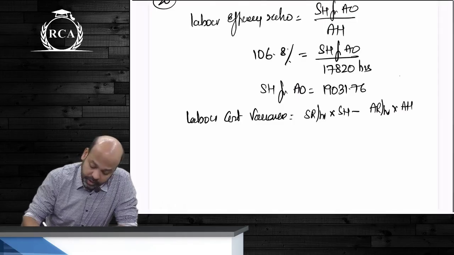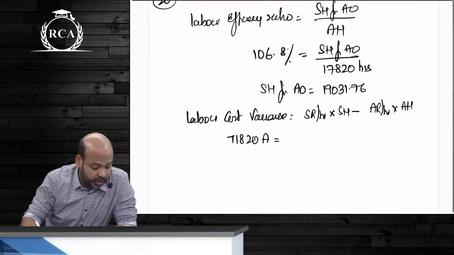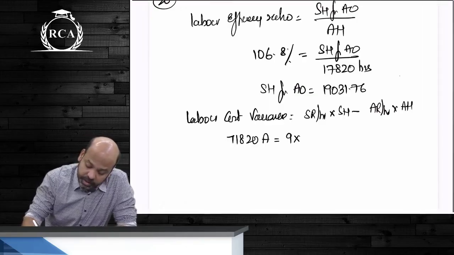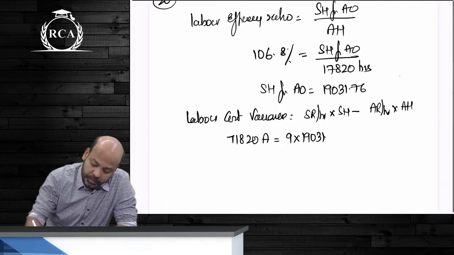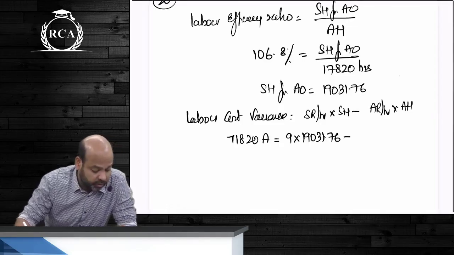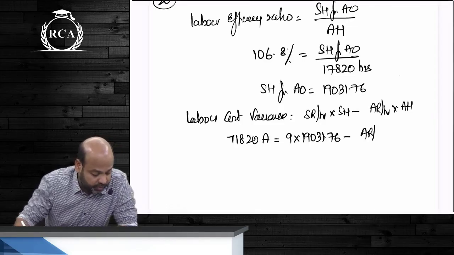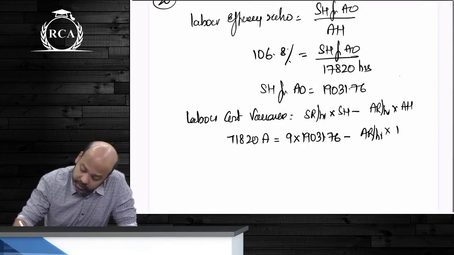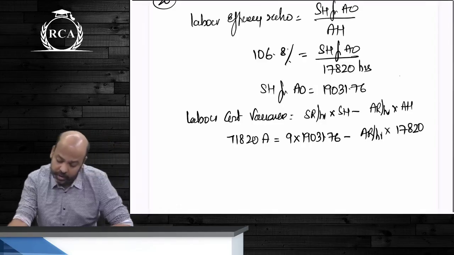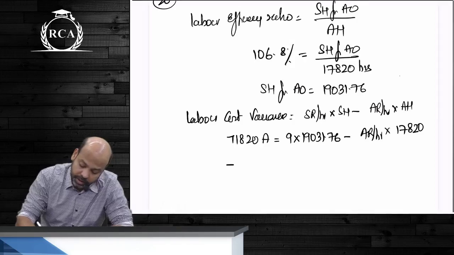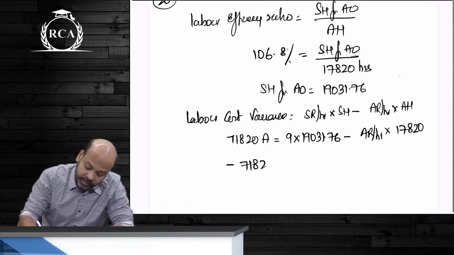The total variance is 71,820 adverse, that means negative. Standard rate per hour, beta, is 9 rupees multiplied by 19,031.76 minus actual rate per hour is missing. What are the actual number of hours worked? 17,820. Take this and minus 71,820, beta, and solve.